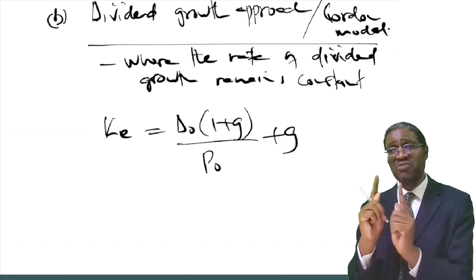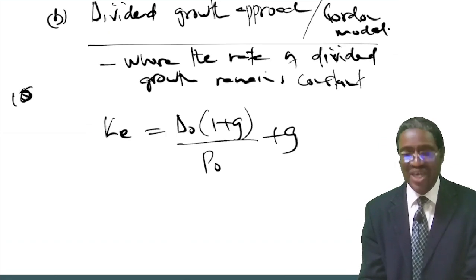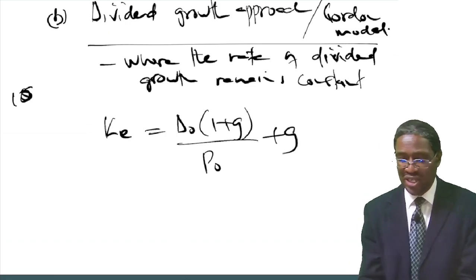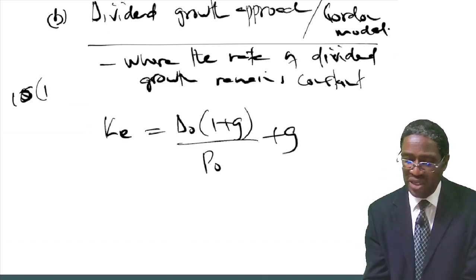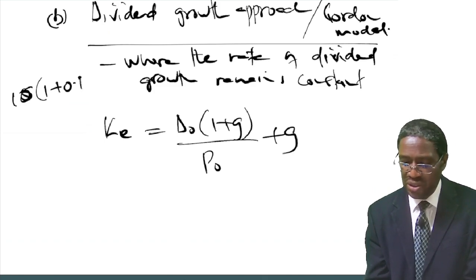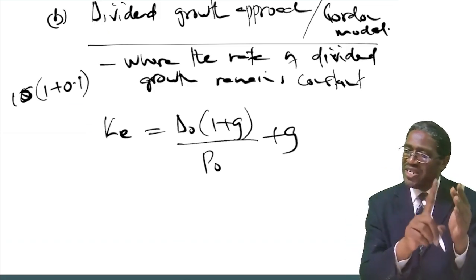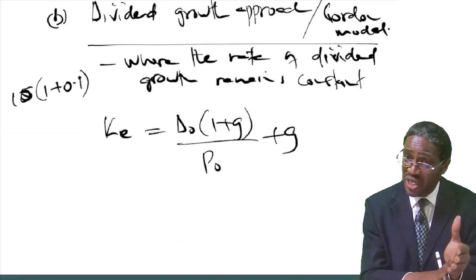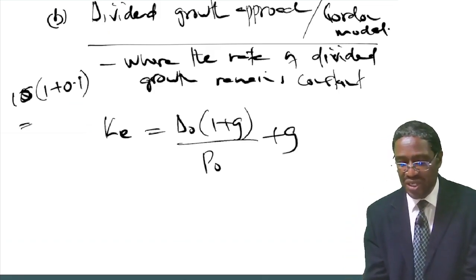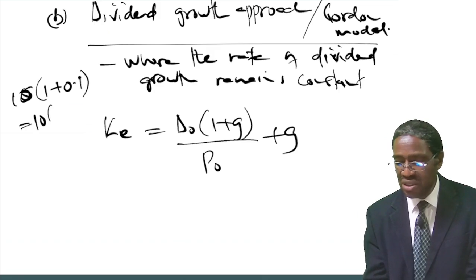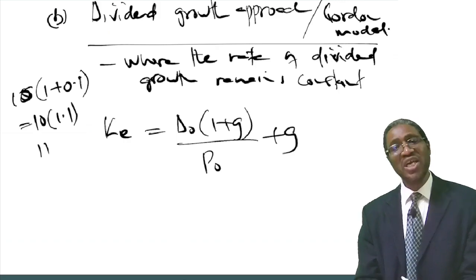If your dividend was 10 shillings last year and we expect it to grow by 10% every year, then we expect a dividend of 10 into 1.1, which is 11.